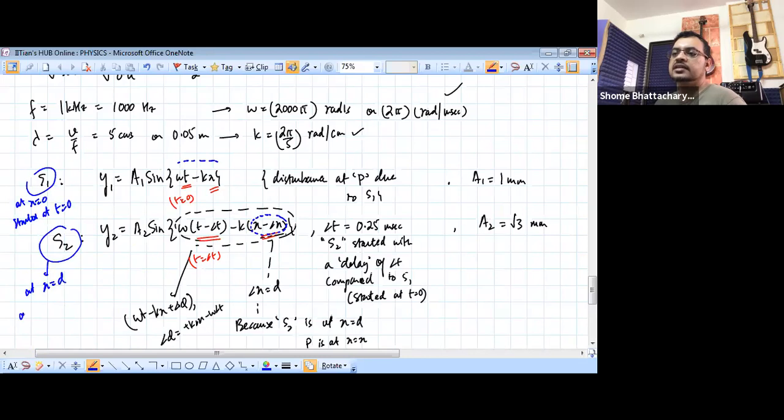And it started at t equal to delta t. So it's 0.25 milliseconds, and this was 3.3 centimeters. So both the factors are playing a role in creating phase difference between the two waves. The fact that they are not synchronized is creating a phase difference, and the fact that they are not traveling the same path length.